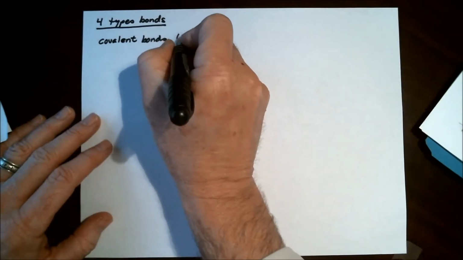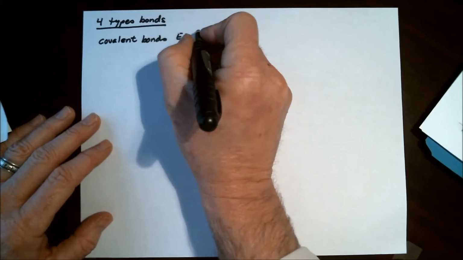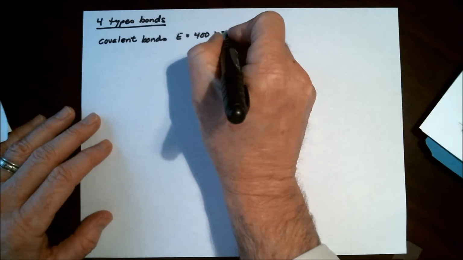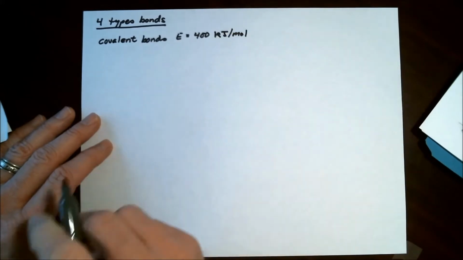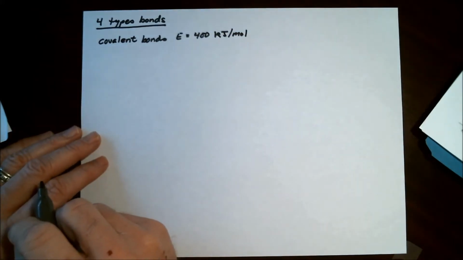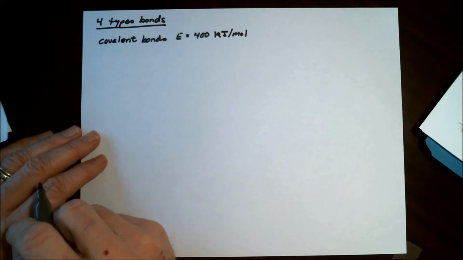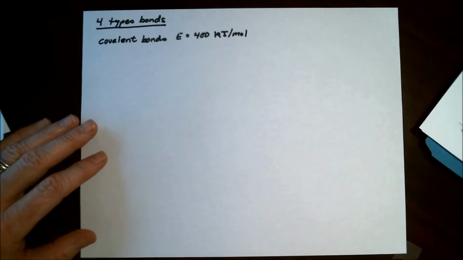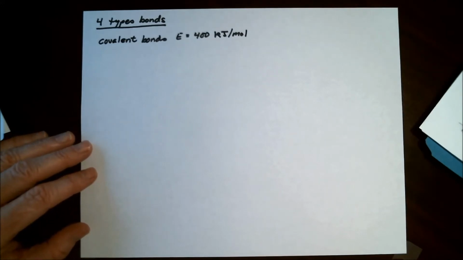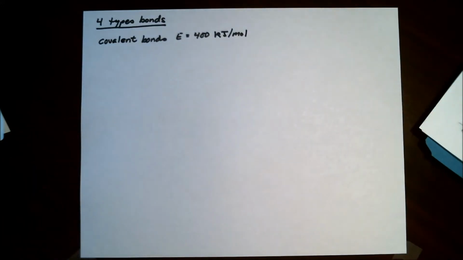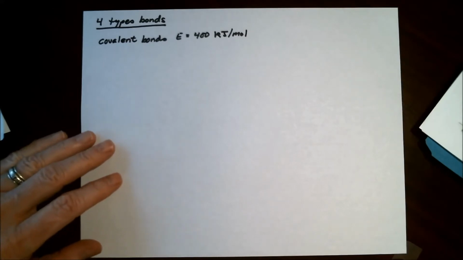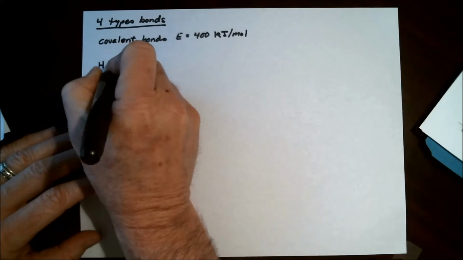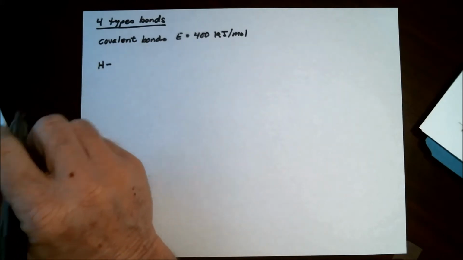The energy of a covalent bond is approximately 400 kilojoules per mole. We know this is a very tight bond, very high energy. It takes a lot of energy to break these bonds. These types of bonds, of course, are important for structure in biochemistry, but for transient interactions, they're just too strong to overcome. So we have other types of bonds that are often more important for biochemical reactions.